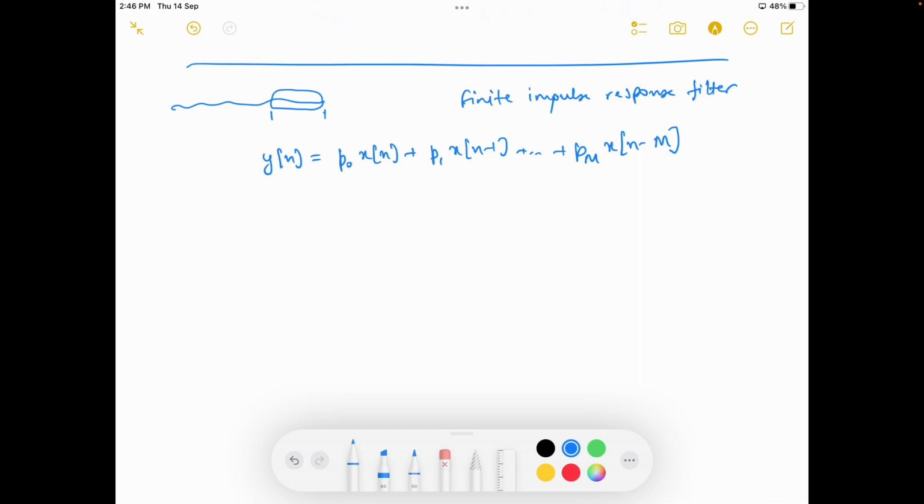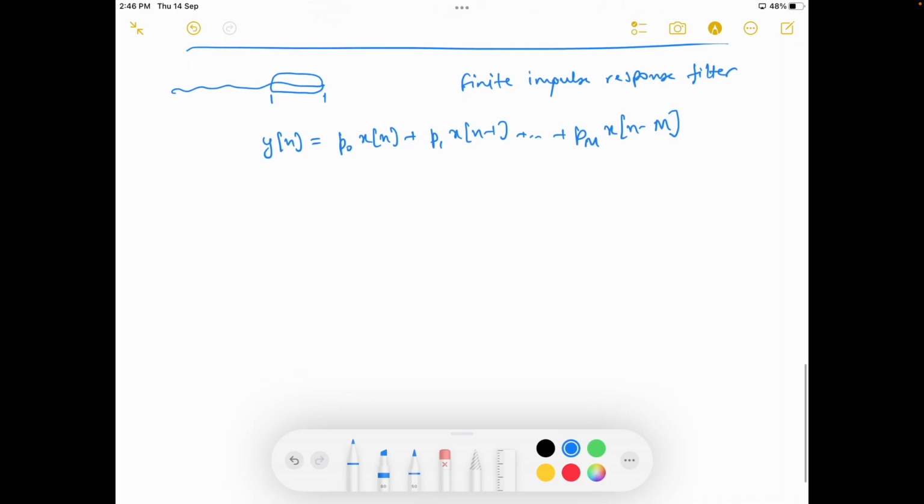So this is the one-dimensional CNN you can use. 1D CNN corresponds to the finite impulse response filter. It's like a modern terminology for finite impulse response filter.